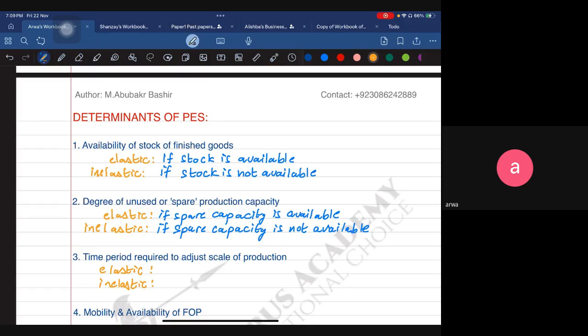So it can be elastic if they have a lot of time to adjust the scale of production, but it will be inelastic if they have a limited time period. For example, if demand goes high, the price is going to go high, so they need to increase production immediately, but they don't have the time period for that, so it will be inelastic. Exactly.